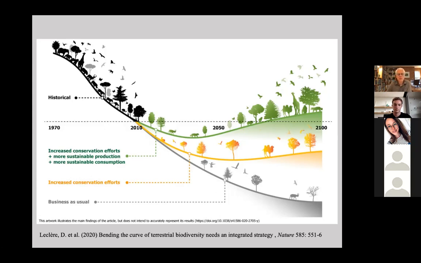And the way in which they're talking about it, this is a nice paper that was published last autumn called Bending the Curve. How do you bend the curve of terrestrial biodiversity loss from its secular decline into some other kind of trajectory? If you do nothing, it will go on declining. The curve will slowly flatten because there'll be fewer species to lose. If you spend more money on conservation, you can do something, but you're still going to suffer a lot of loss before you get a certain recovery.